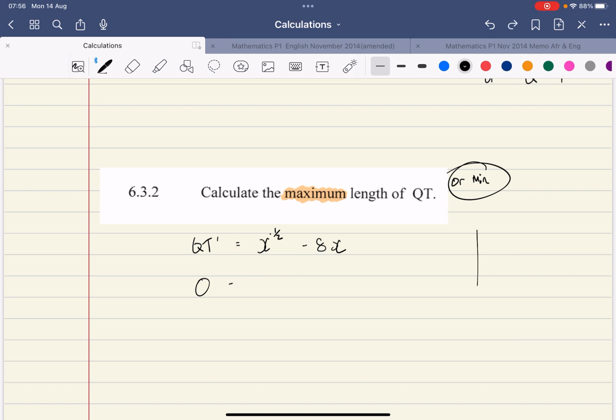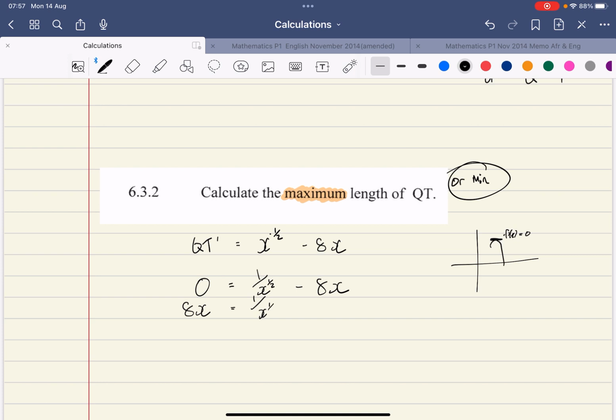Remember, where a graph changes in gradient, at this point the derivative is equal to 0. So let's set our function's derivative equal to 0. And now all we're going to do is solve for x.